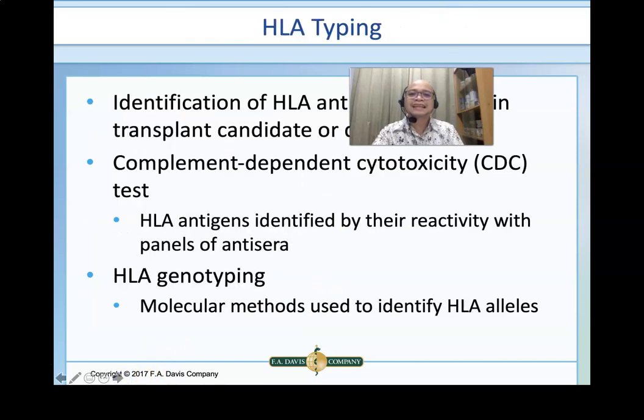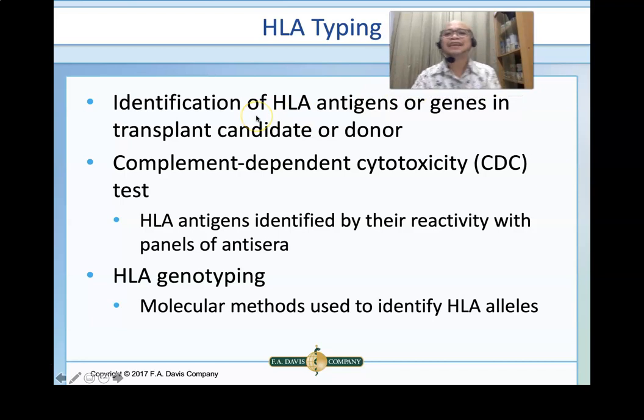HLA typing is the identification of HLA antigens or genes in a transplant candidate or donor. One of the most common, classical ways of doing this is the complement-dependent cytotoxicity test. That's the classic procedure in identifying HLA phenotype. Genotyping is different because it is a molecular method used to identify HLA alleles.